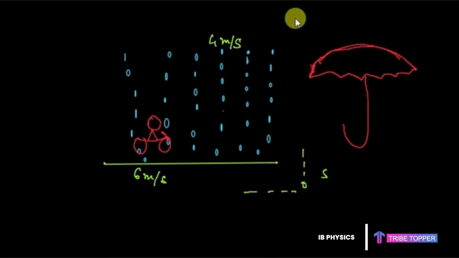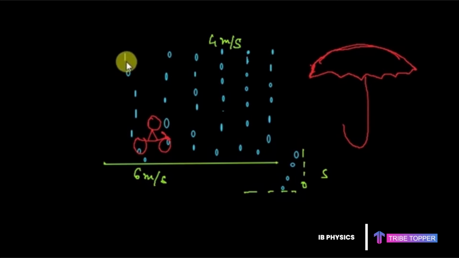So the raindrop, instead of falling down vertically, is going to fall on you at an angle. So it's not that easy to just say you hold the umbrella in a vertical direction. So how are we going to hold the umbrella?